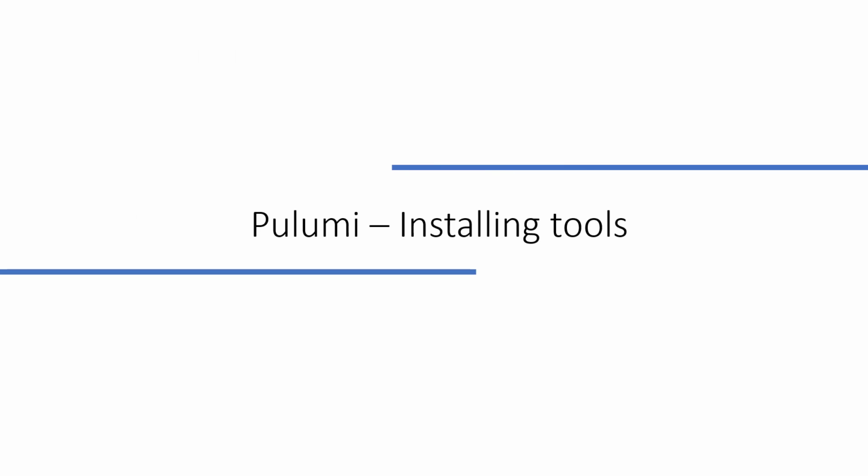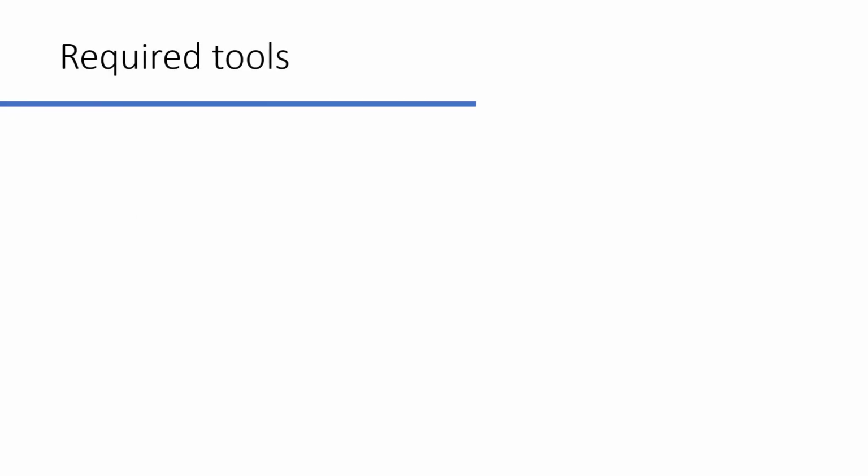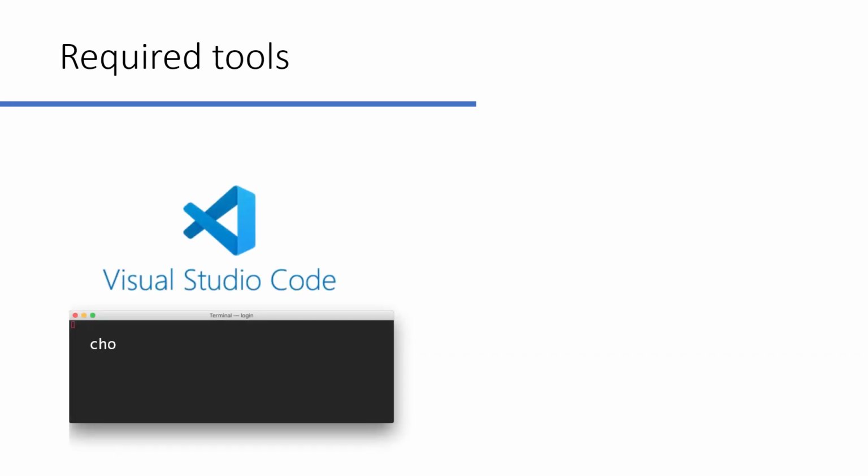So, about the tools. The required tools, the minimum we need in order to use Pulumi, are a code editor. In my case, I used Visual Studio Code, which can be installed using Chocolatey if you are on Windows, such as I do.